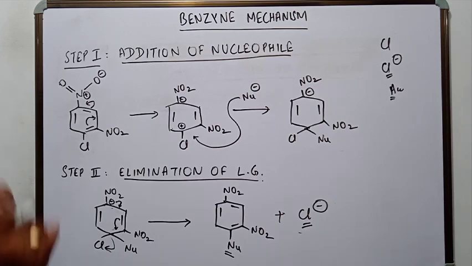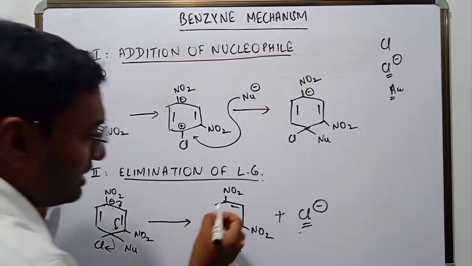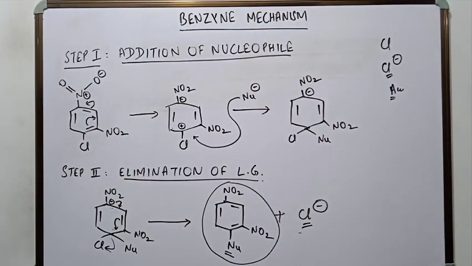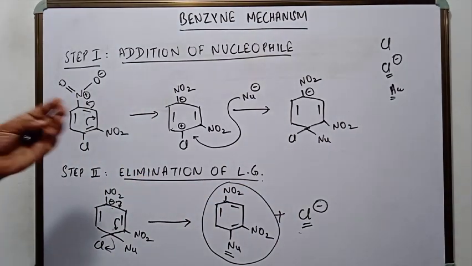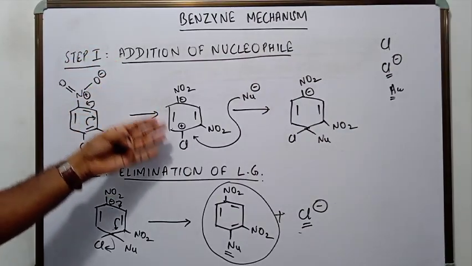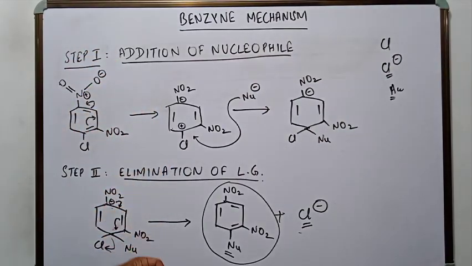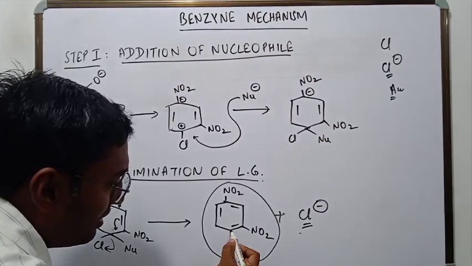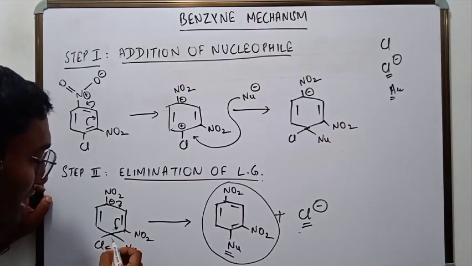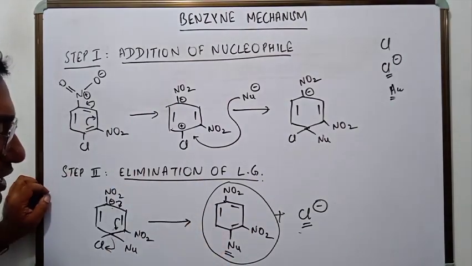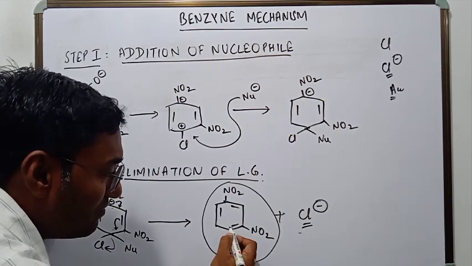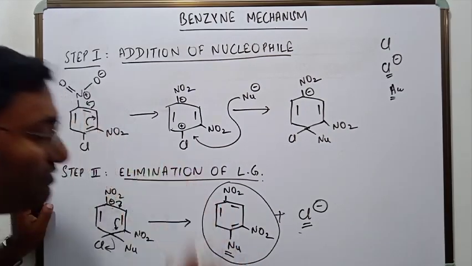The thing to note here is that only one product like this is formed. The product of normal nucleophilic aromatic substitution reaction is only one product. In this product, the nucleophile is attached to the carbon which was initially attached to the chlorine, the leaving group.